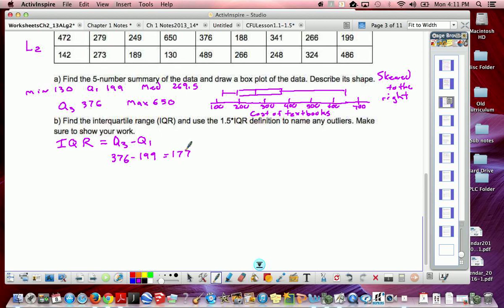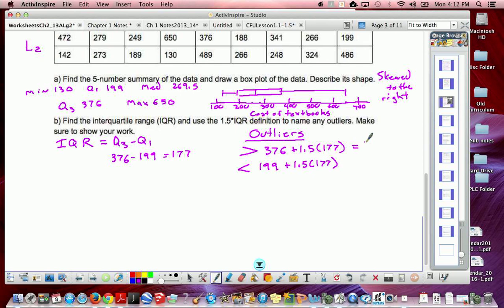So we want to use that and the 1.5 IQR definition to name any outliers. So for our outliers, if you look up above, for my rules, there are values that are greater than Q3, which was 376 plus 1.5 times 177, or values that are less than Q1, 199, minus 1.5 times 177.